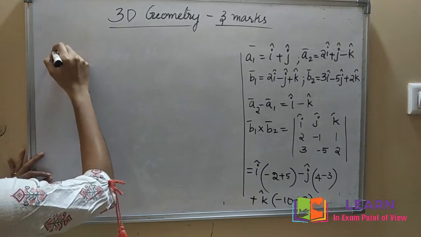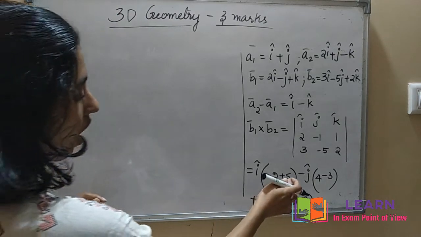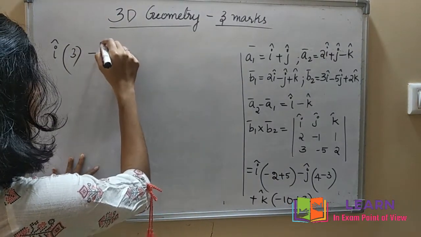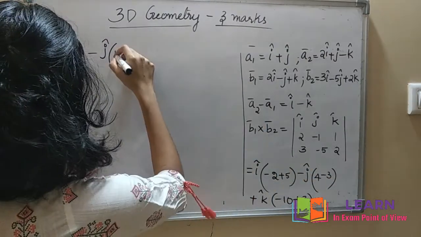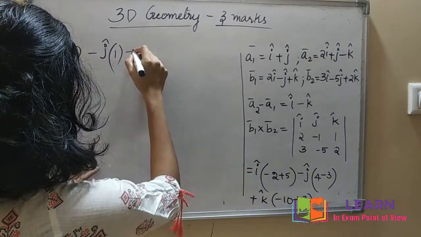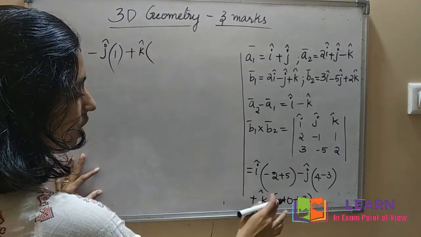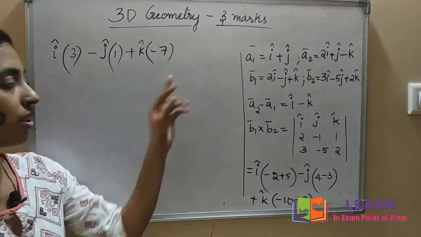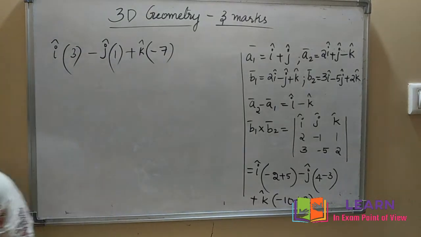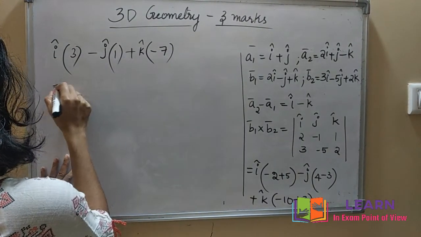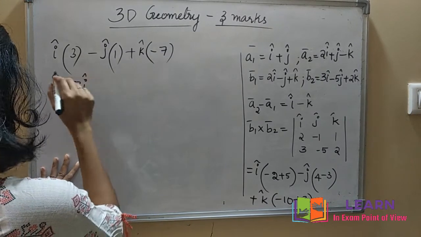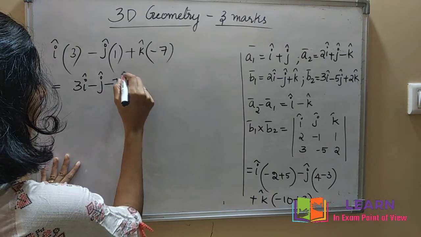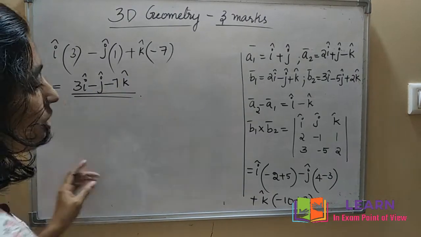The value will be 3 i cap, minus j cap, here 1, then plus k cap we have minus 7. Correct? So you can write it in the form of a vector: 3i minus j minus 7k. Fine. This is B1 cross B2.